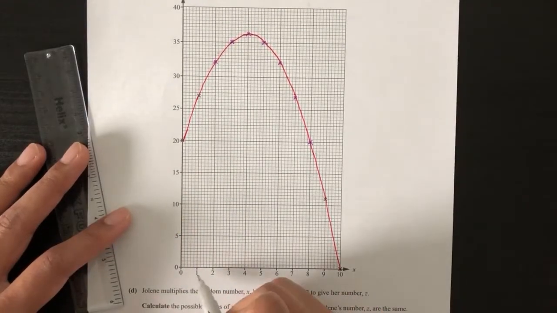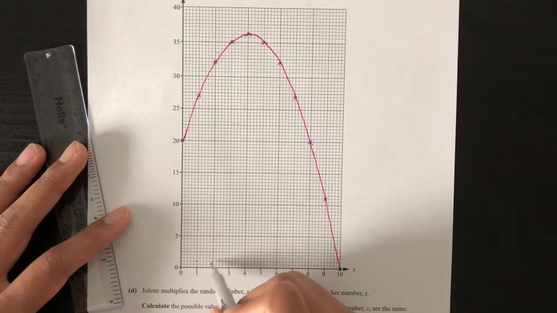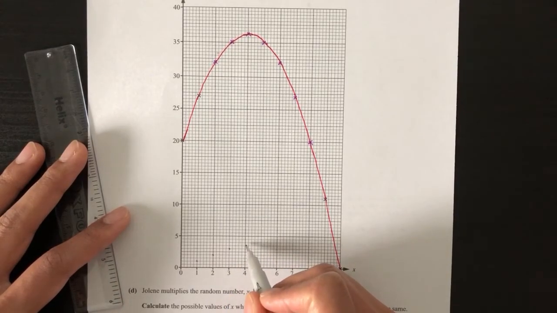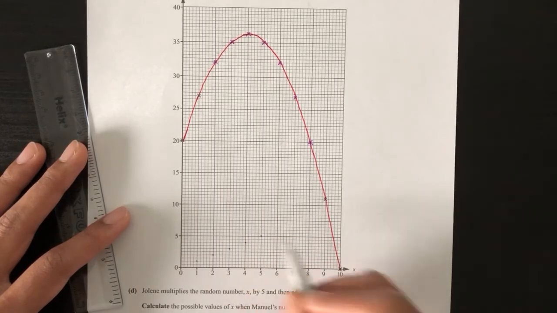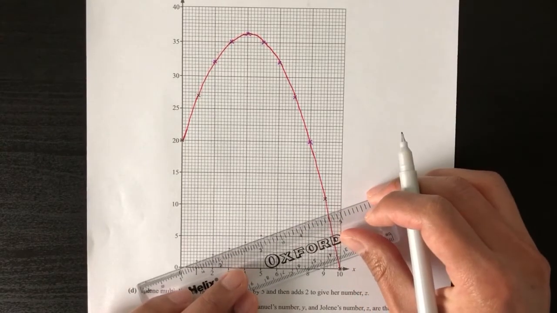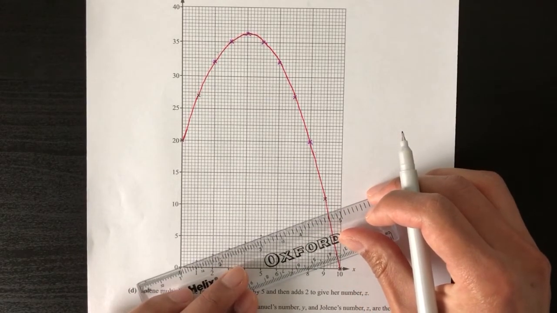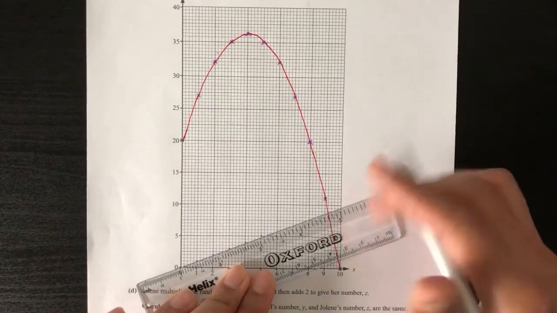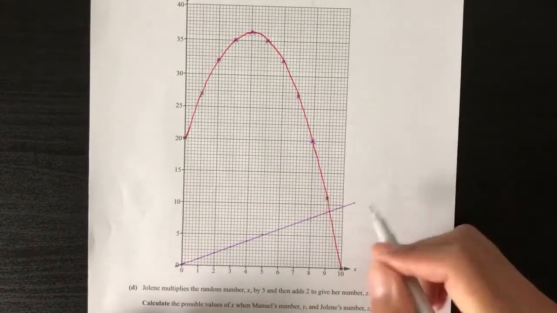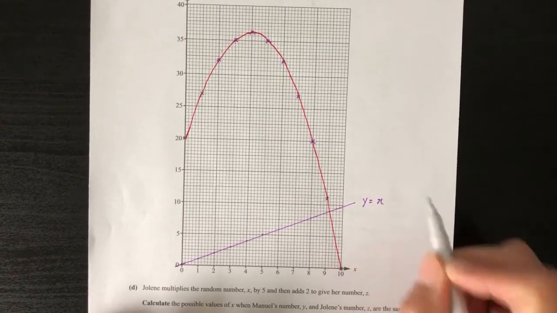So 1, 1 will be here. 2, 2, 3, 3, 4, 4 will be, okay. So we have a few points. So this will be my line of y equal to x. That's y equal to x.